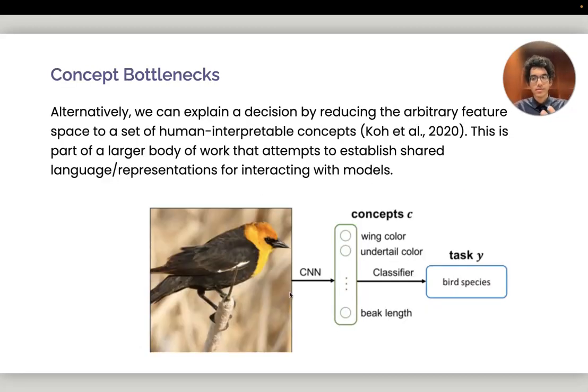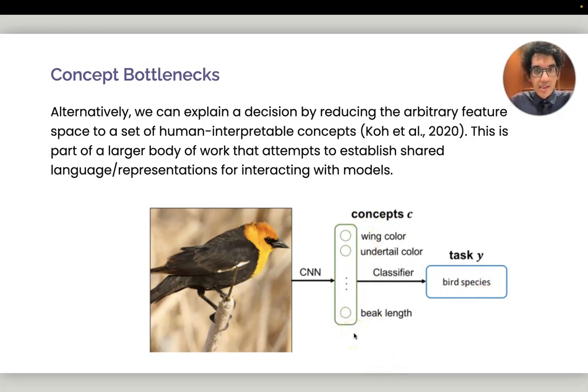Okay, so embeddings are a kind of global explanation. They take the original model and then try to understand how it works. An alternative way to think is to actually go in and modify the architecture of the model. One idea I think is very interesting is something called a concept bottleneck. In a concept bottleneck, instead of going directly from whatever the input is to the final prediction, so here the bird image to the bird species, you first try to predict some sort of dense annotation.